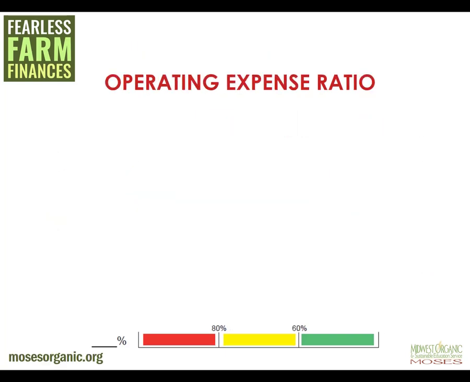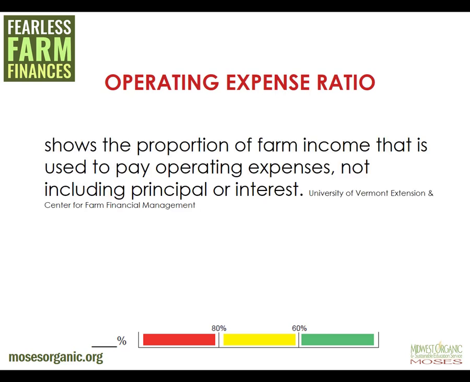Our operating expense ratio. So think about it. Our operating expense, the amount of our expenses in relationship to the revenue that we generate. So this shows the proportion of farm income that is used to pay operating expenses, not including principal or interest.